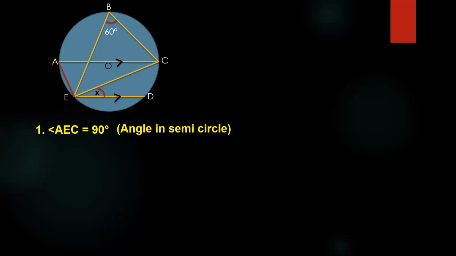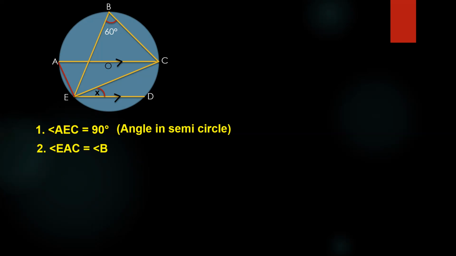Now we have found AEC, right? If you look into the triangle AEC, we found angle AEC. Now concentrate on the angle EAC. First of all, look here. EAC is standing on the arc EDC. Got it? Now on the same arc EDC, if you look closely, you can see angle B is standing on the same arc. So we can say here angle EAC is equal to angle B, because both the angles are standing on the same arc, and that arc is EDC.